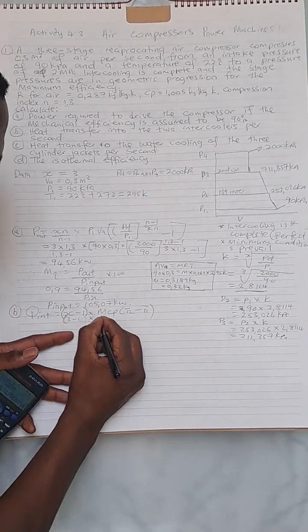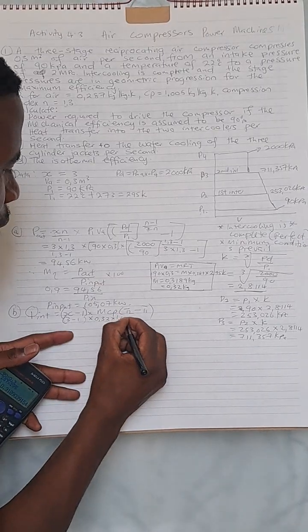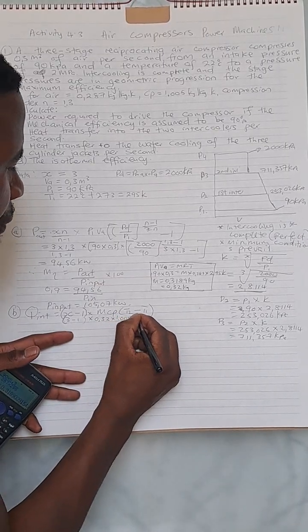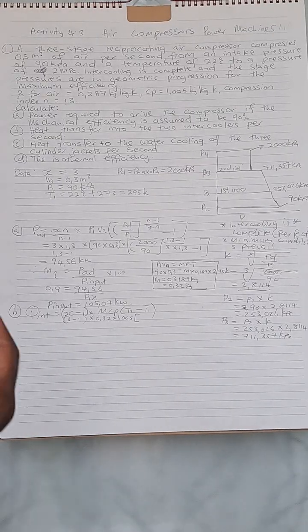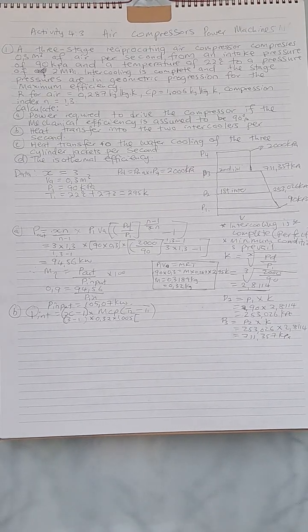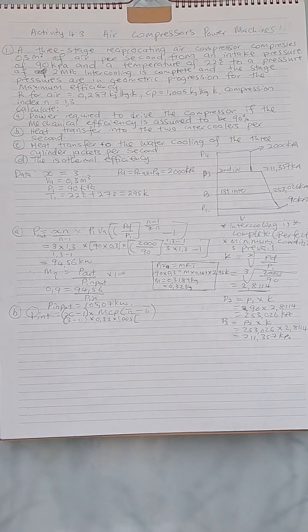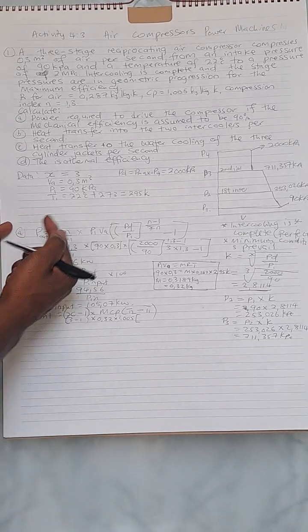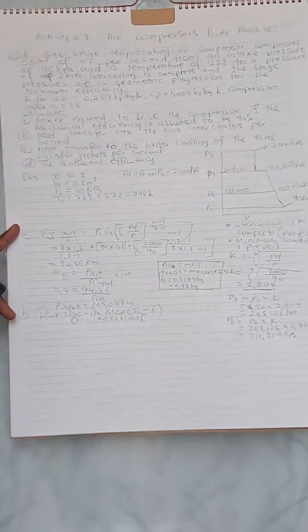And then we substitute: our mass is 0.32, our Cp was given as 1.005 into, once again we don't have our T2. So to get our T2, we can use a very simple formula once again. Please allow me to calculate my T2 here, because it seems like we are going to be running out of space.